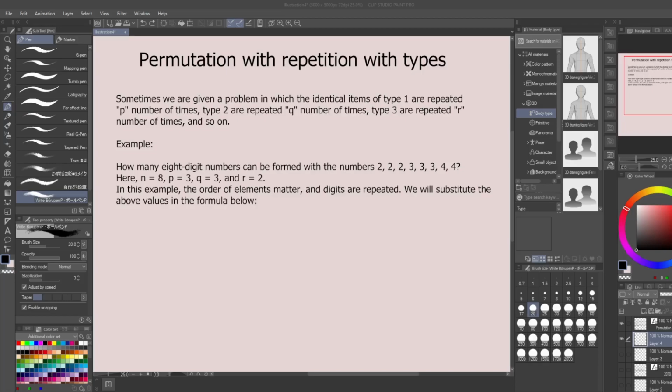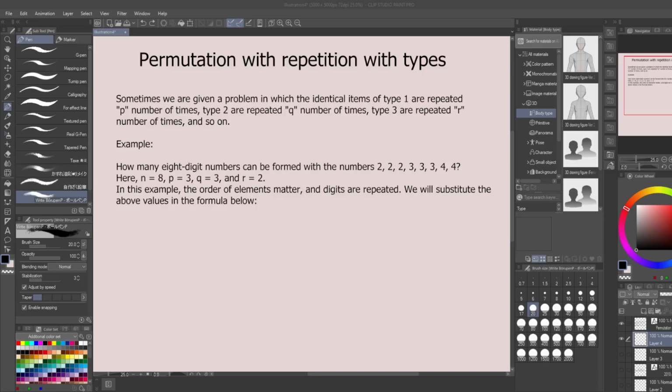For example, how many 8-digit numbers can be formed with the digits 222, 333, and 44? Here n would be 8 because there are 8 elements in this set, and p would be 3 because there are 3 copies of 2 in the set, and q would be 3 because there are 3 copies of 3 in the set, and r would be 2 because there are 2 copies of 4 in the set.